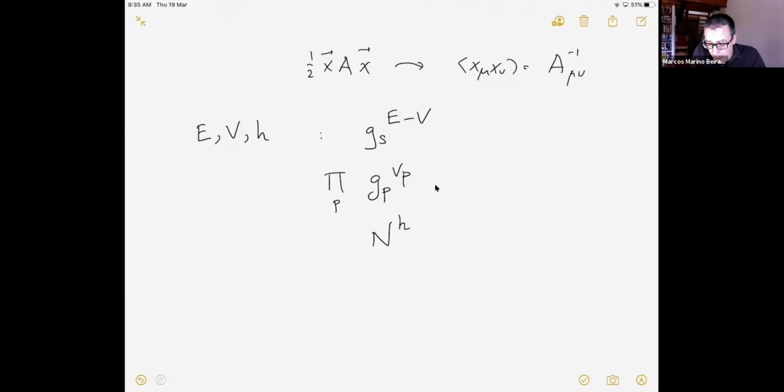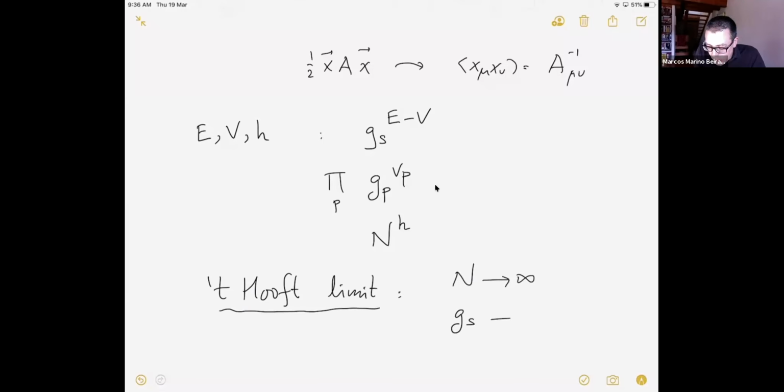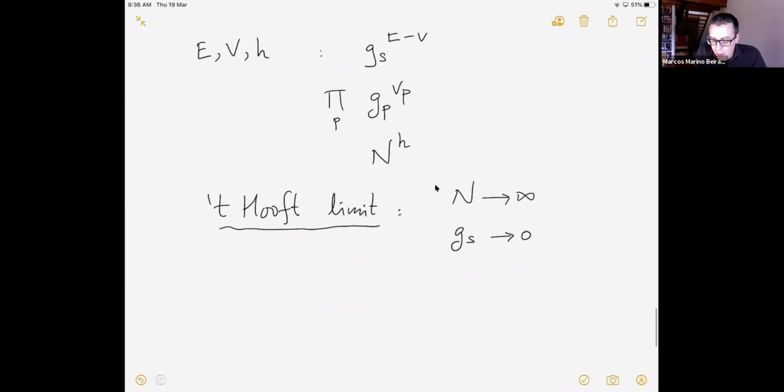In this context, if you want to have a good limit when n is large, it turns out that you have to take what is called the 't Hooft limit. In the 't Hooft limit, you take n to be large, but you also take this constant that I introduced here, gs, to be small, in such a way that n times gs, which I'm going to call t, is fixed.